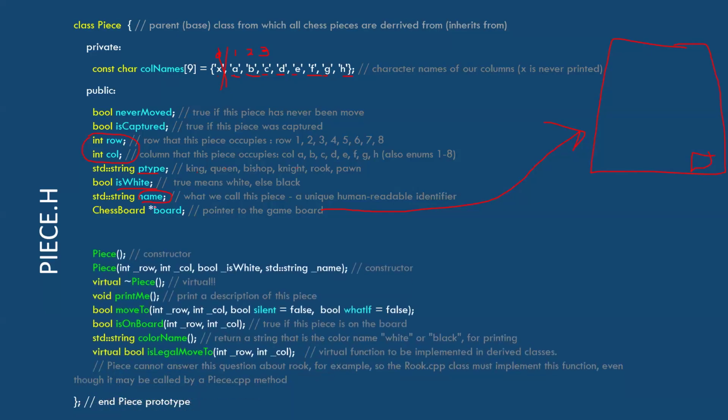Okay, and then all of our methods. So the ones we want to focus on are the move to, because that's the one that gets called next. It's like, hey, I want to move this particular piece to underscore row underscore column. It's currently at row column, but I'm being asked to move it to this underscore row underscore column. Okay. And that in turn will call your isLegalMoveTo implementation.